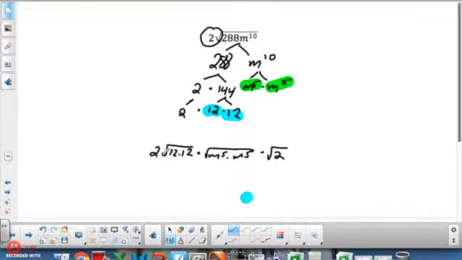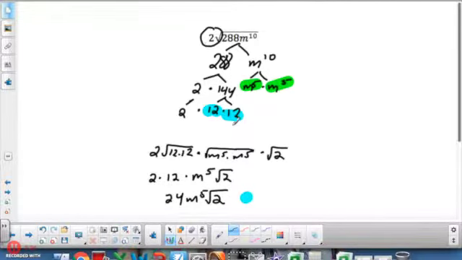So the square root of 12 times 12, or the square root of 144, is 12. So I've got that coefficient of 2 being multiplied by 12. Square root of m to the 10th is m to the 5th, as evidenced by the fact that I have two pairs of m to the 5th. And then I've still got that root 2.